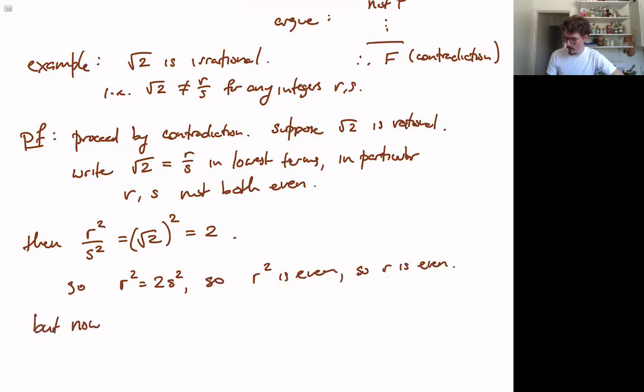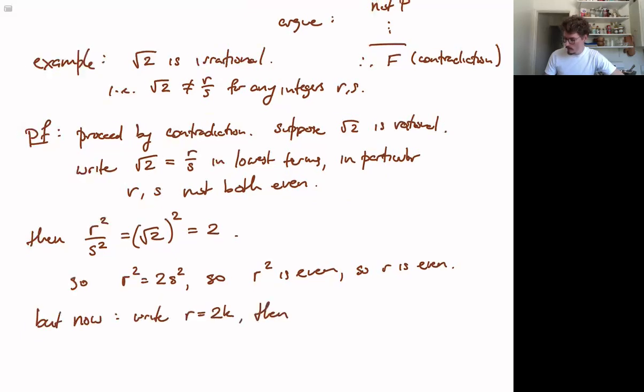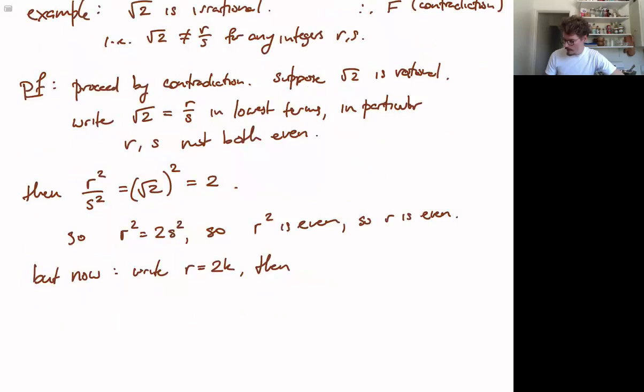But now, we can do the same thing in reverse. Since r is even, we can write r equals 2k for some integer k. And then r squared over s squared equals 4k squared over s squared, and is still, as before, equal to 2.